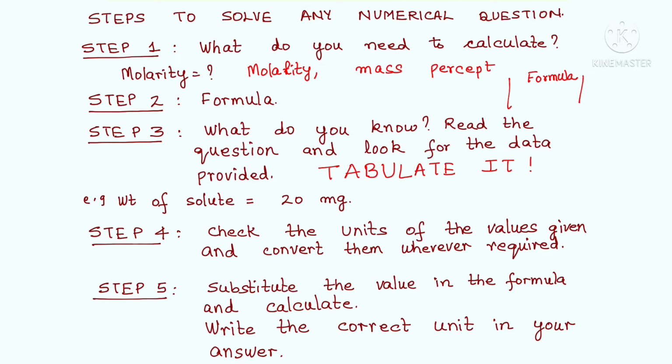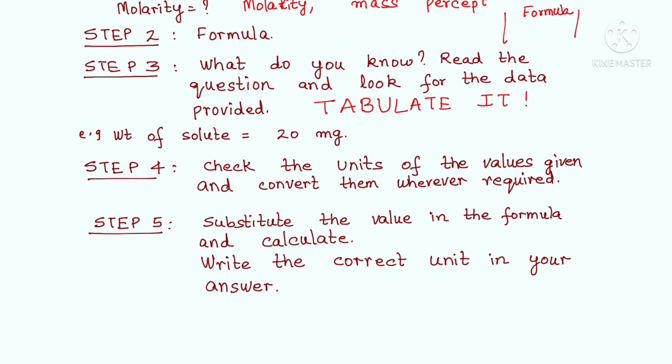And if you see over here, I've written in capital, tabulated. That means put it in the form of a table. How am I going to do it? I'll show it to you. This is a technique which I devised today only and I have loved this method. Step 4, make sure that you check the units of the data which has been provided to you and you convert it wherever necessary.